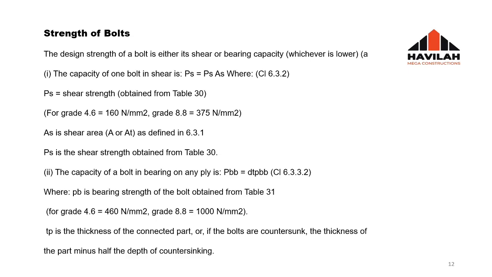That's the thickness of plate tp, and then we have pbb, the bearing strength of the bolt obtained from table 31. tp is the thickness of the connected part; if the bolts are countersunk, it is the thickness of the part minus half the depth of countersinking. It is essential that you understand all these things so that by the time we start our calculations, you already have the flow of thought and can link with whatever we are teaching.